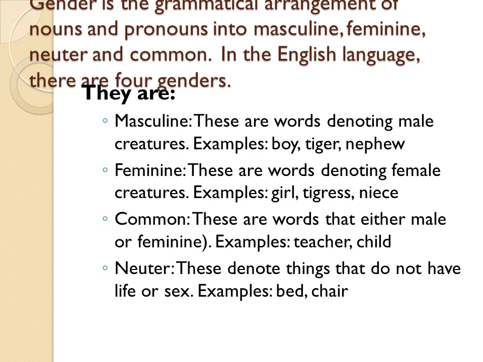So we call them the neuter gender. Examples: bird, chair, fan, television. They don't have life. Things that do not have life are called the neuter genders.